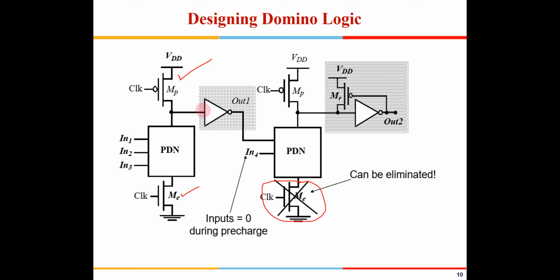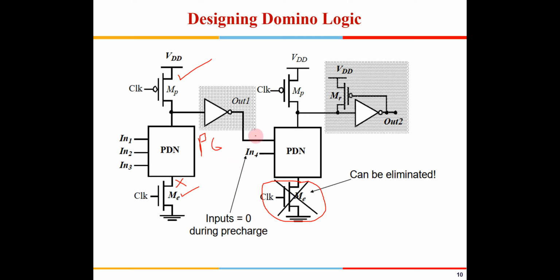This is to pre-charge it, and during pre-charge, you don't want the PDN network, right? During pre-charge time, this will ensure that this PDN network is not pulling this voltage to 0. So this is essential in the first stage. But suppose from the second stage onwards, I have all the inputs coming here from the various other dynamic domino logic circuits, from the other domino logic circuits.